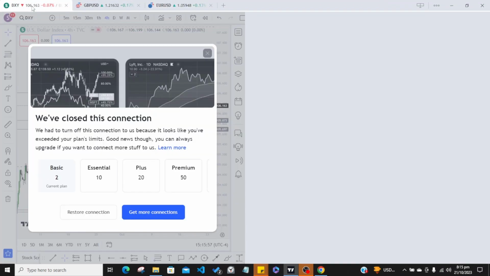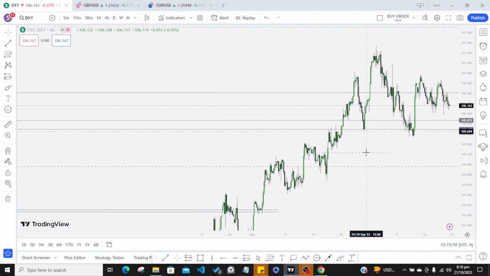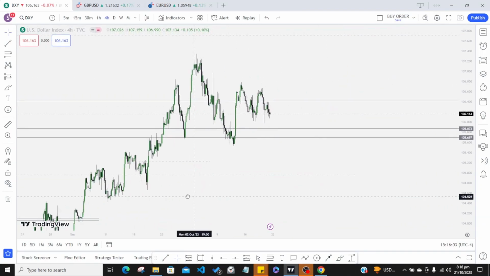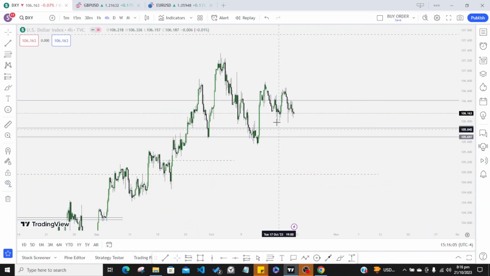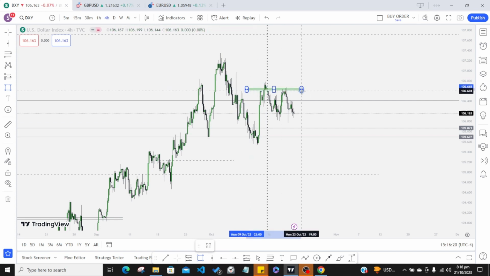First of all, I'll start analyzing with the dollar index. This was the start of the week on the dollar index here. So what really happened here? As you can see, the dollar didn't really make any move. The dollar was in a consolidation for the whole week.